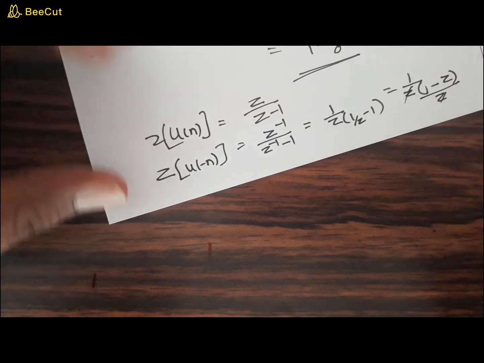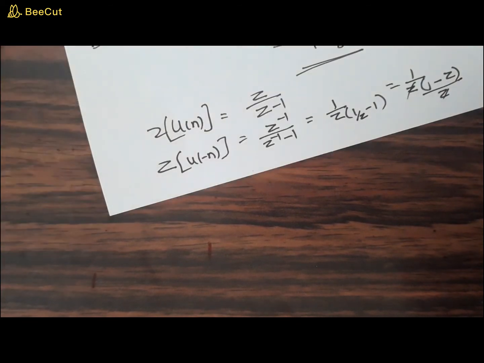So z and z cancel, and this will be 1 by 1 minus z.